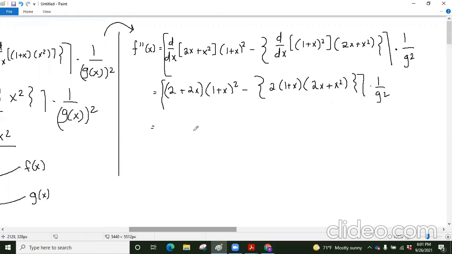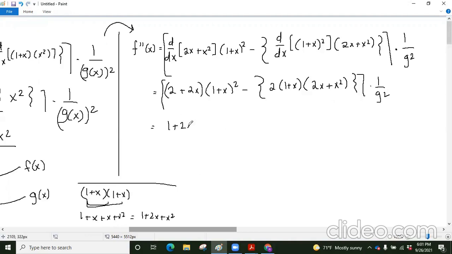We'd want to multiply this out, so we'll go off to the side and do 1 plus x times 1 plus x. We'll say that this is 1 plus x plus x plus x squared, which is equal to 1 plus 2x plus x squared.